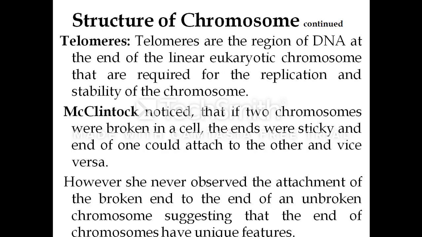That means an unbroken chromosome having intact telomeres did not show attachment of chromosomes at their ends, suggesting that the ends of the chromosomes have unique features. So if the telomere of the chromosome is intact, it will maintain stability and give integrity to the chromosome.